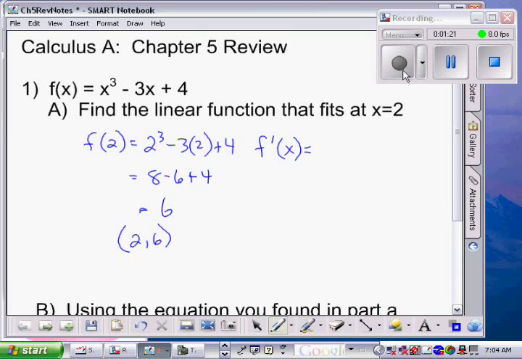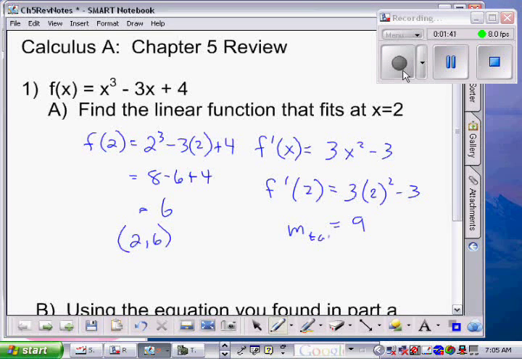What's the derivative of f of x? 3x squared minus 3, and then we plug our 2 back into that. So 3 times 2 squared minus 3 is 9. That's the slope of the tangent at 2. So what's the equation of my line for my final answer? y equals 9 times (x minus 2) plus 6.